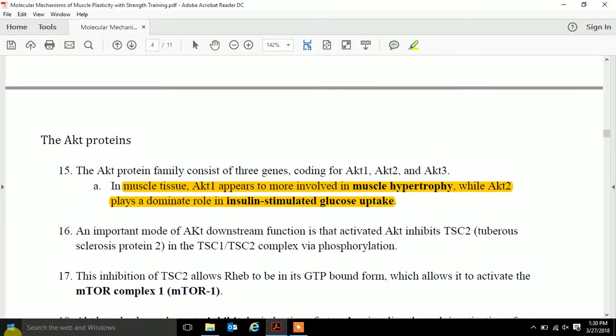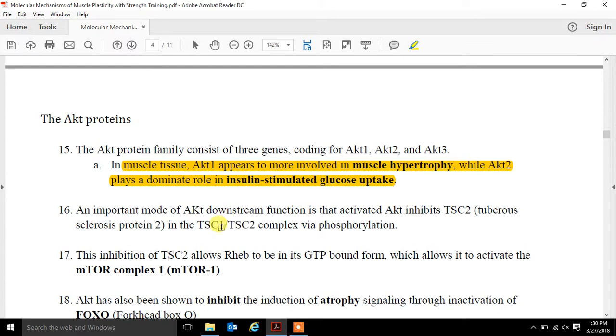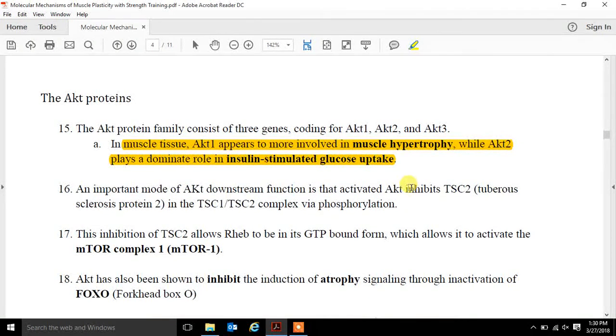So how does it have its actual action? An important mode of this AKT1 is it inhibits TSC2, which is known as tuberous sclerosis protein 2, as part of this complex.